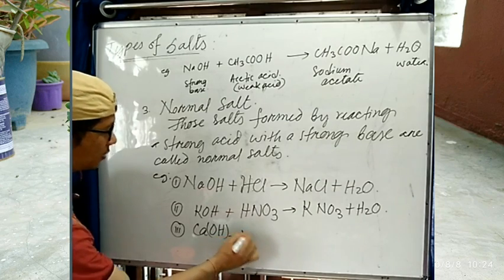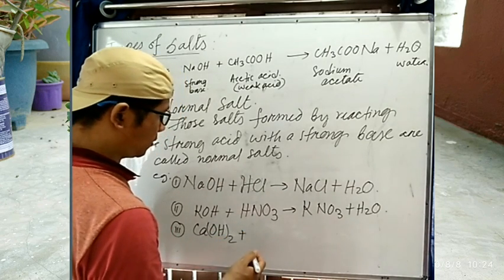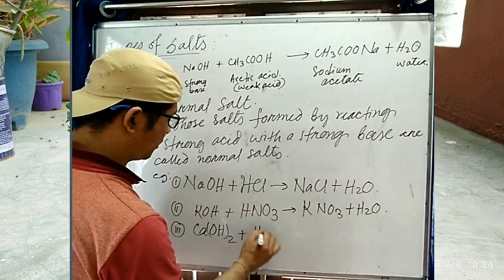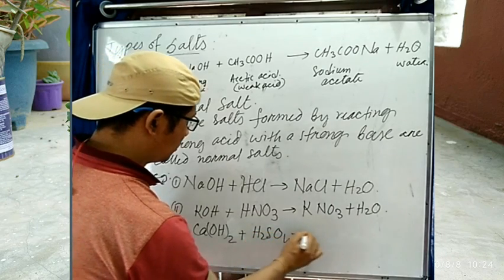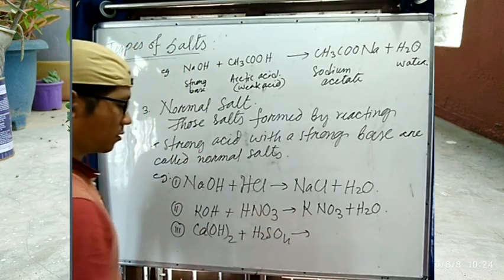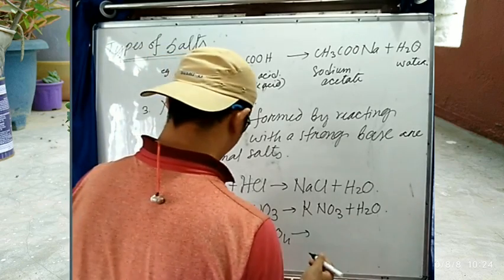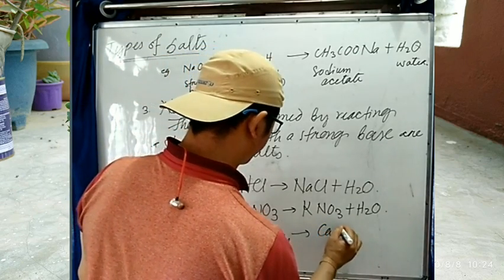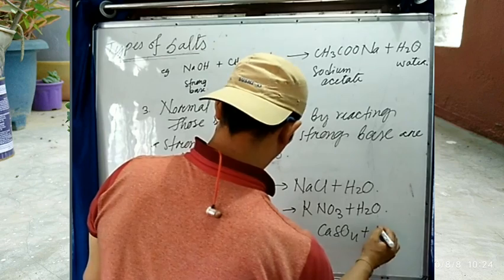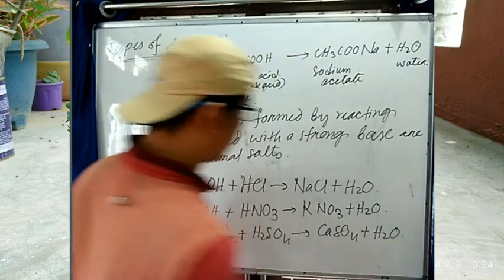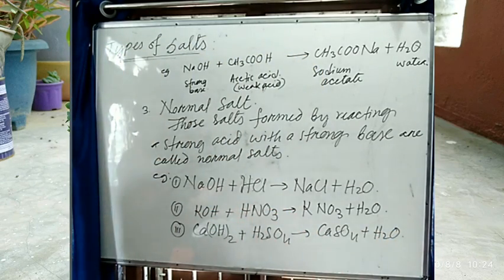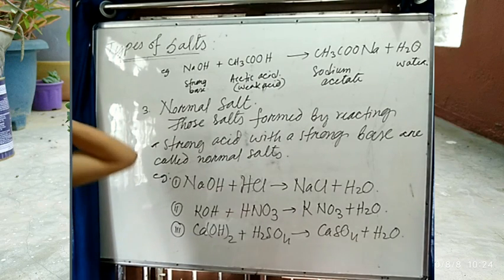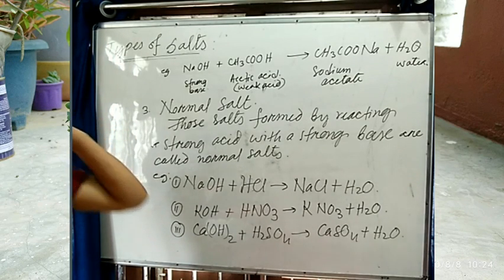This is also a strong base, and it reacts with H2SO4, that is sulfuric acid, a strong acid. And here it will form calcium sulfate plus H2O. So like this, these normal salts are formed.